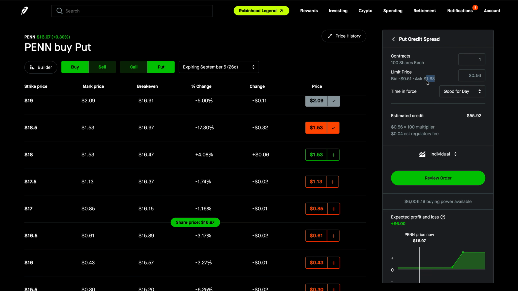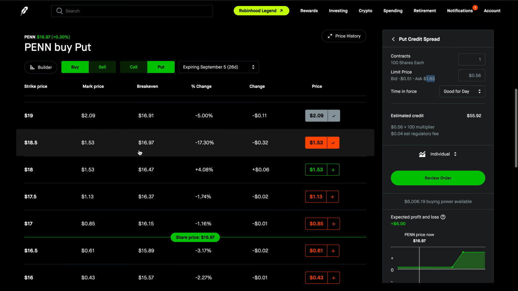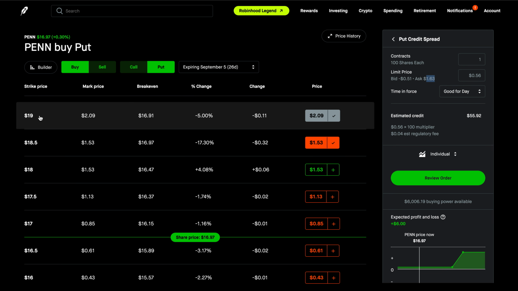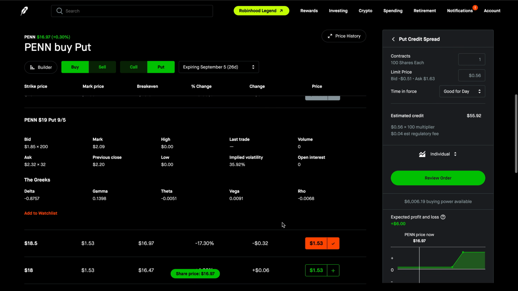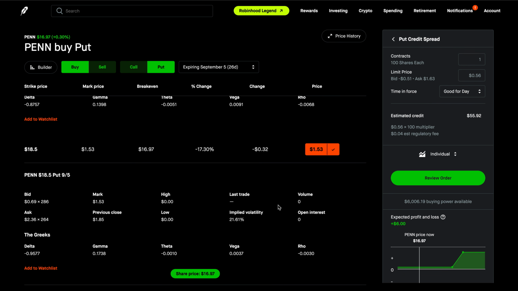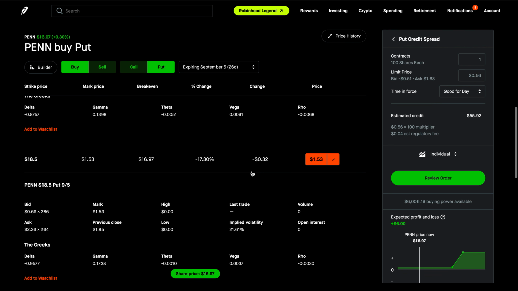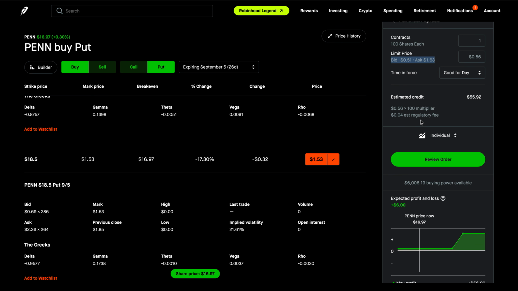And this is due to low liquidity. If we take a look at both of these options that we're trying to trade here, they both have zero volume, zero open interest here. And so when you have low liquidity, you get these very wide bid-ask spreads, and then you run into situations like this.